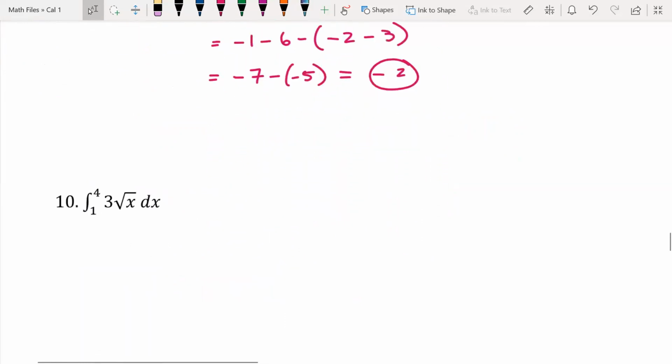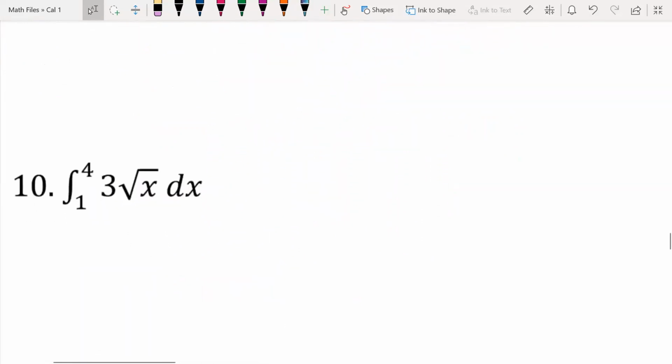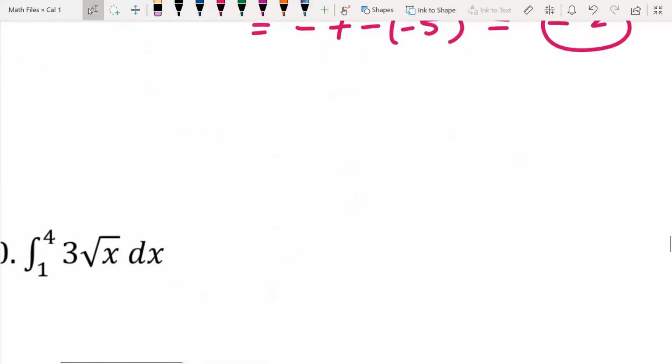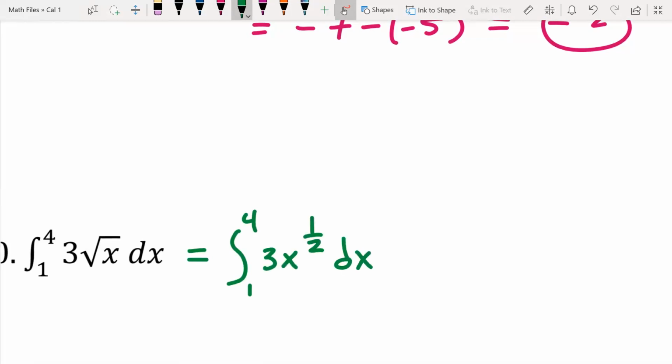10. The integral from 1 to 4 of 3 square root of x dx. So we know that we have to rewrite this as the integral from 1 to 4 of 3x to the 1/2 dx.